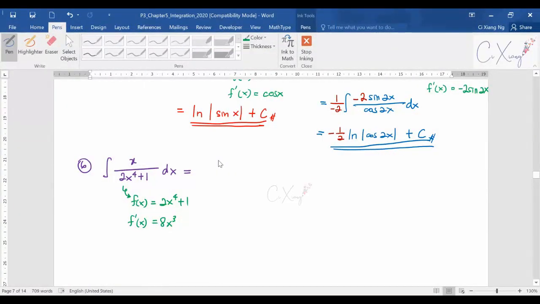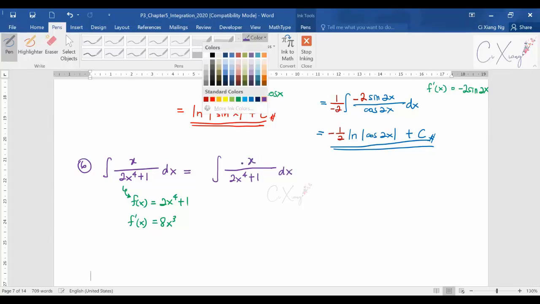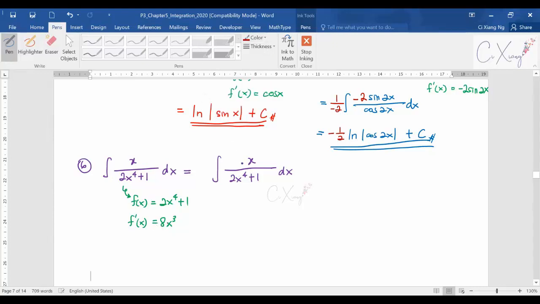According to what we learned just now, to apply this technique you can do some adjustment. What is the adjustment that you should do? To make it become 8x power 3, you multiply in 8x squared, so that the whole thing becomes 8x power 3. When you do the adjustment here, outside you also need to do the same adjustment, so you divide by 8x squared, which is 1 over 8x squared.